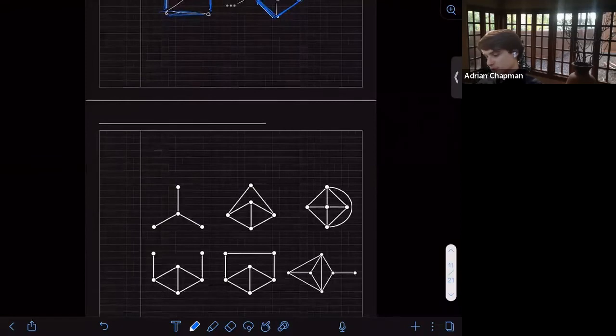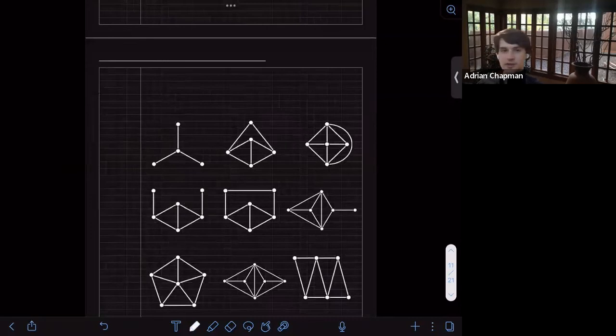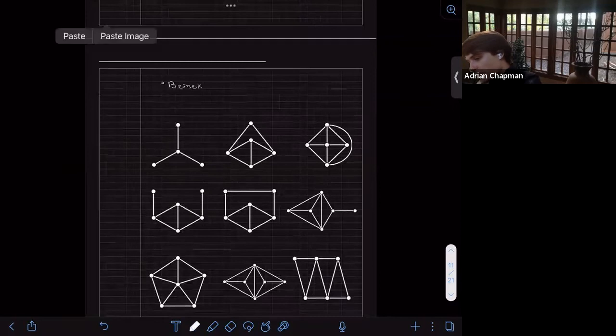So the next characterization I want to talk about is what's called a forbidden subgraph characterization. I drew these ahead of time to avoid having to draw them right now. This is given by Beineke in 1970.